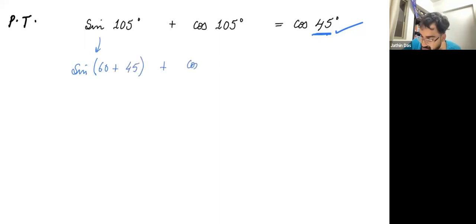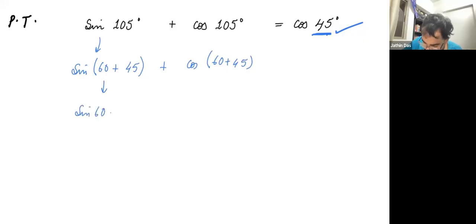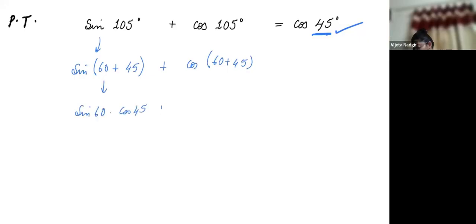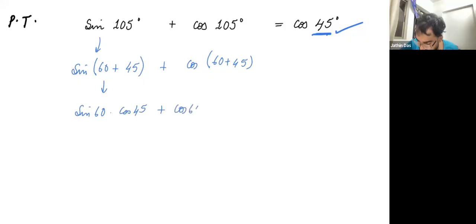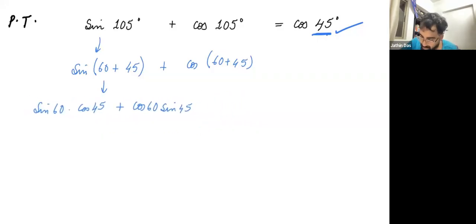So can I write like this? And this will be sine 60 into cos 45 plus cos 60 sine 45. Now, this one will be cos 60 into cos 45 plus minus sine 60 into sine 45.